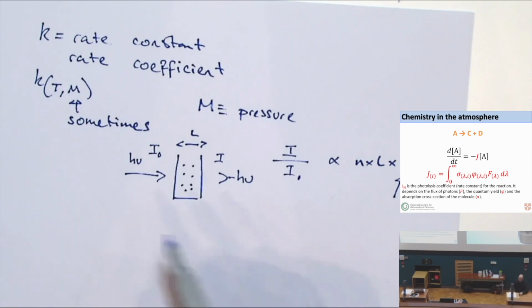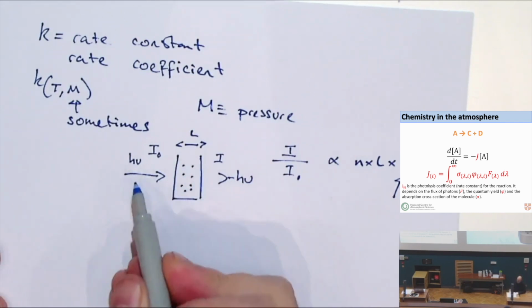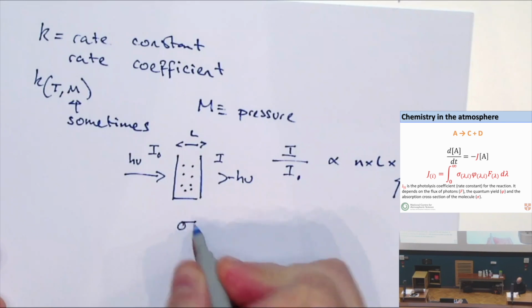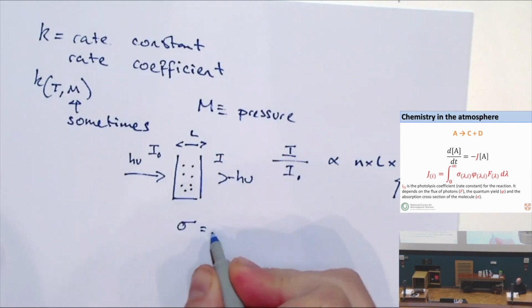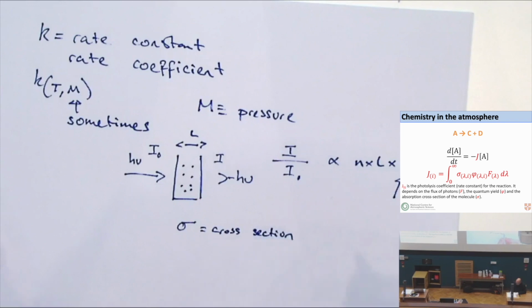Now, in atmospheric chemistry, we're not dealing with aqueous solutions of molecules, so rather these are gases, and these are specific gases which are absorbing at a specific set of wavelengths of light. And we use the symbol sigma to denote the cross-section that these molecules have. And so if I think about something like an ozone molecule, what does the cross-section mean?